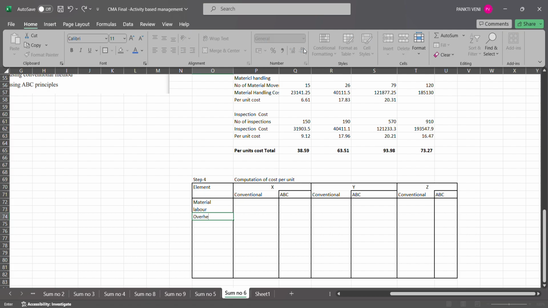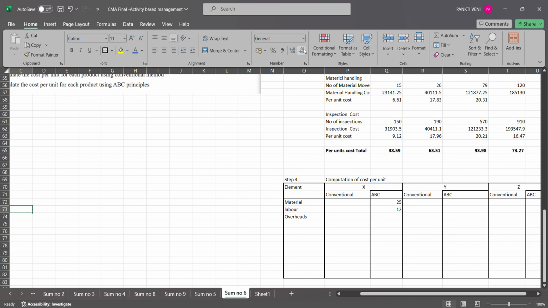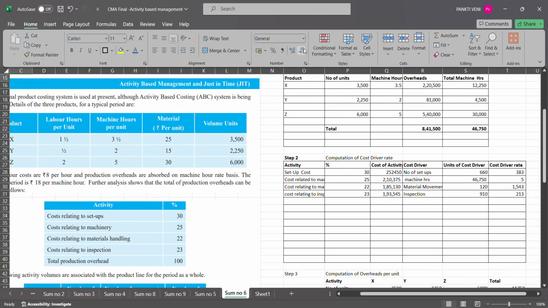Material done, labor done, then we have overheads. Material we have 25, given to us in the question. Labor we have 12. I'll show you where they have given us. They have given us material 25, and labor I multiplied 8 into this.